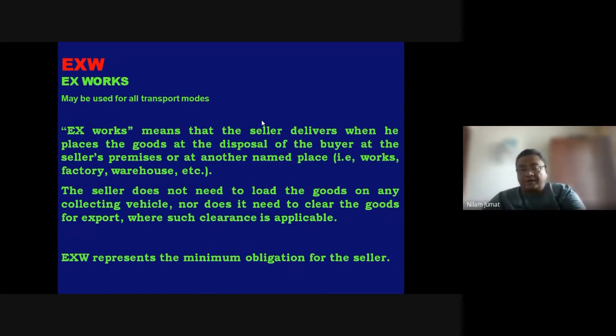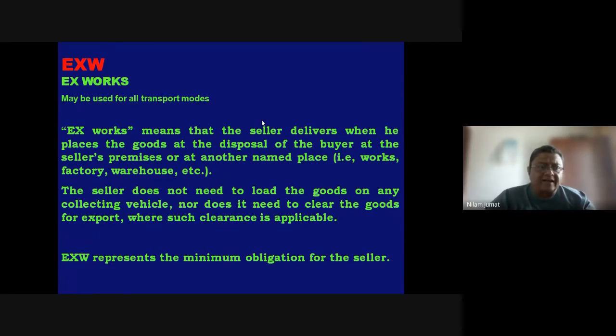So in Ex Works, the delivery point is at the premises of the exporter. Now you wonder what that means. It means that once the exporter has manufactured the goods, kept them ready and told the importer, look here, Mr. Ali from Riyadh, I have done my delivery, my goods are available for you to come and collect.